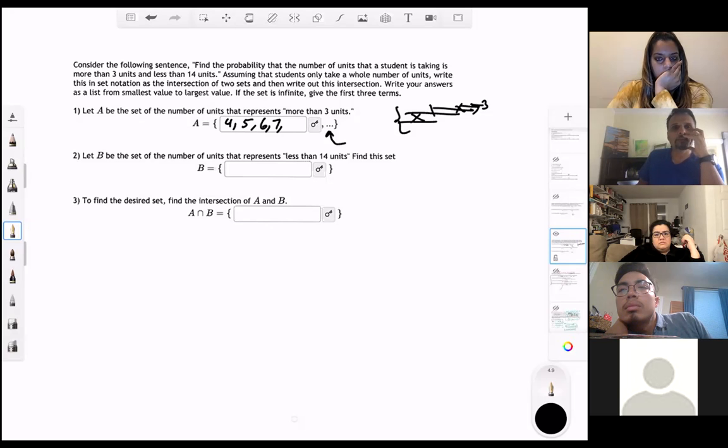Number 2, let B be the set of numbers of units that represent less than 14 units. Would it be 1 to 13? So B is the set of number of units that represent less than 14.